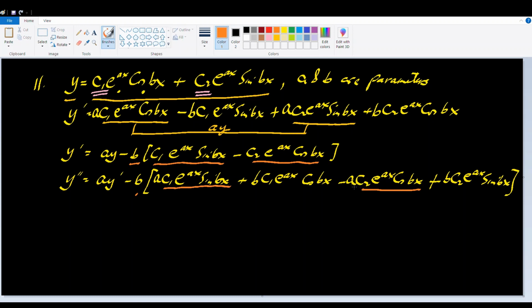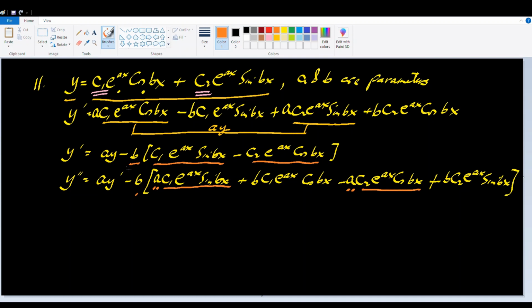You see that? Common to them is a. Alright? So, we shall replace it by y prime minus ay. Do you see that?